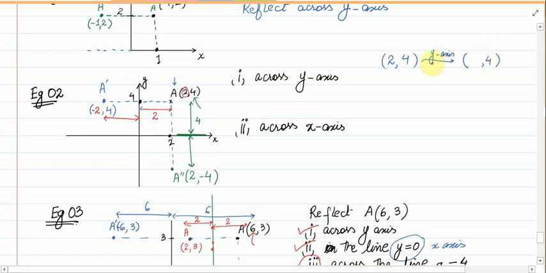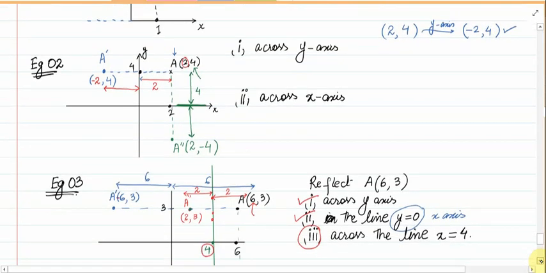Y remains the same and x is negative. So that is the answer. And you can see that our answer is also the same. So on the y-axis, x, y swaps onto minus x, y, right? So I hope that this is clear to you.